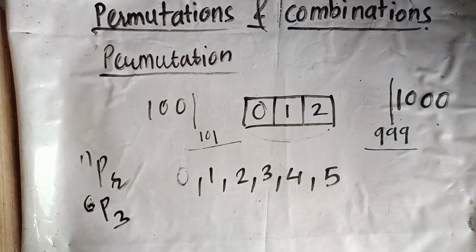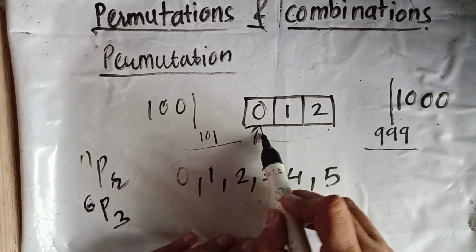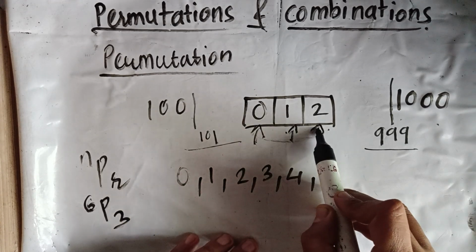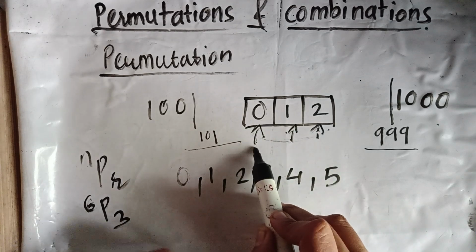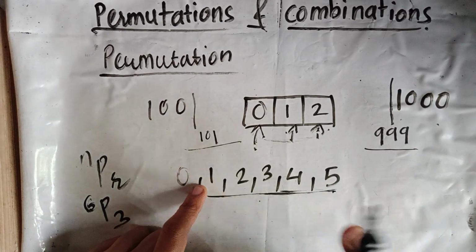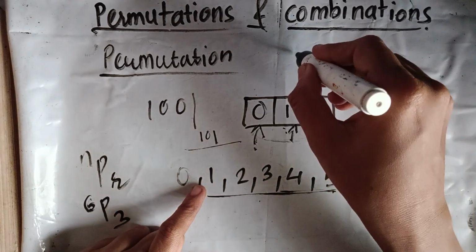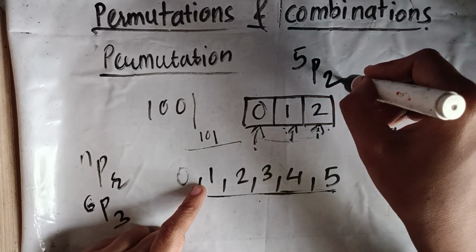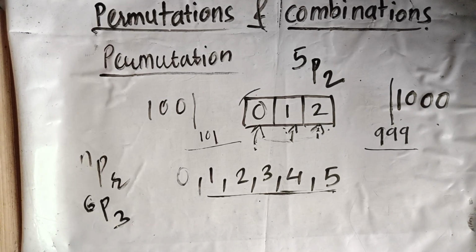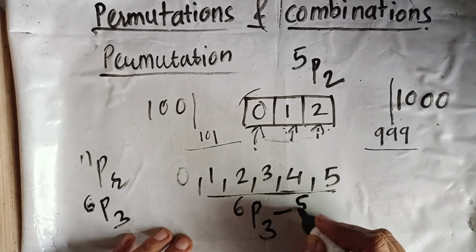So we'll take another permutation in which 0 is fixed at the hundreds place and we change the other two digits. If this is fixed, then we have 5 choices for the remaining digits, and we have to arrange 2 of them. So the permutation of this will be 5P2. And we have to remove this type of numbers from the 6P3 numbers. So the total permutation will be 6P3 minus 5P2.